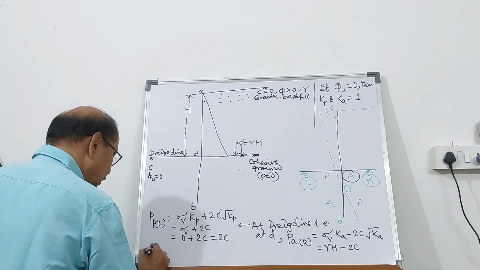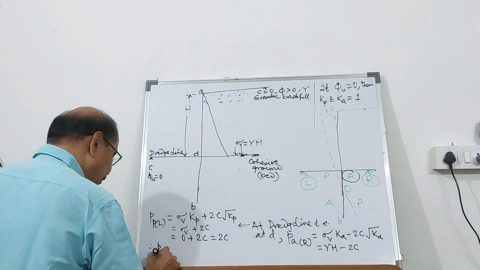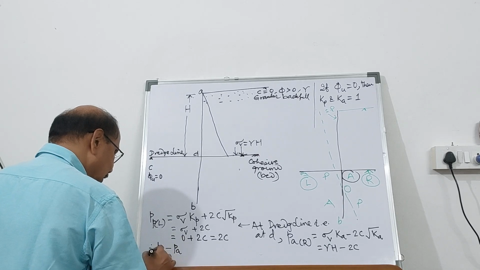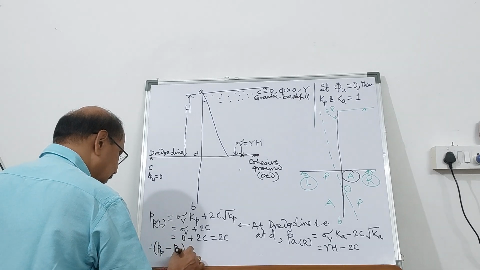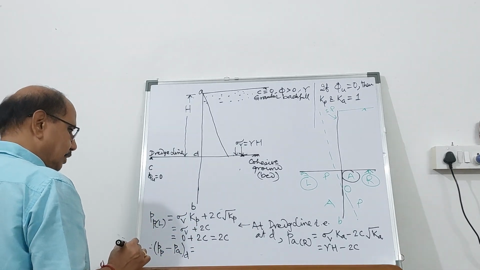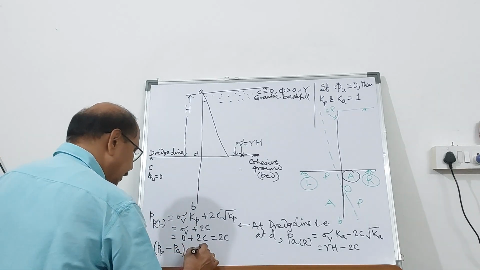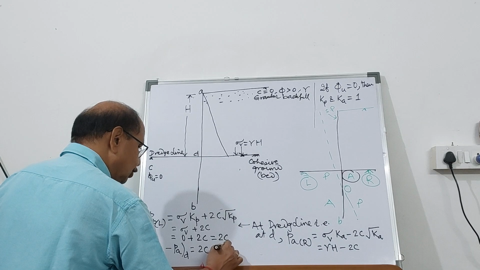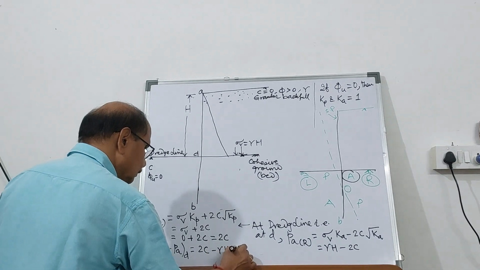Therefore, the difference between passive and active earth pressure can be calculated. So the passive pressure minus active pressure at dredge line can be computed, and this will be 2C minus gamma H plus 2C.